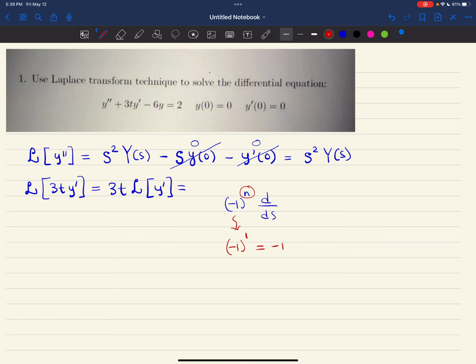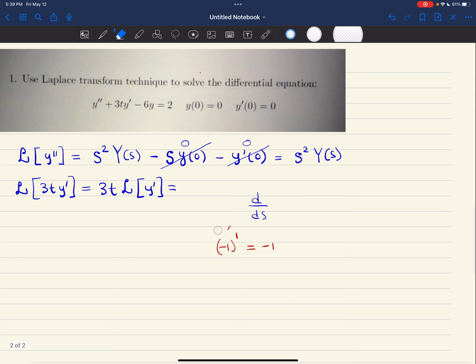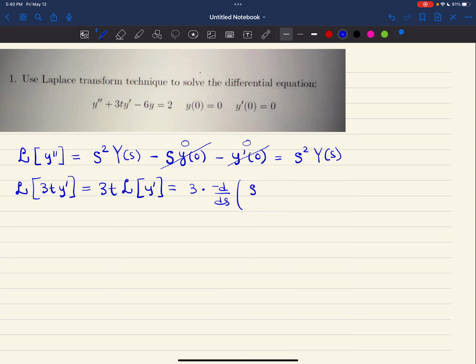All right, so let's work it out. It'll be something like 3 times negative d/ds times the Laplace of y prime, which would just be s big Y of s, and then we'll keep on subtracting from there.